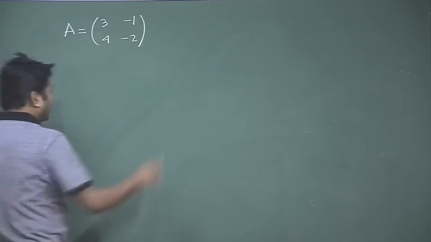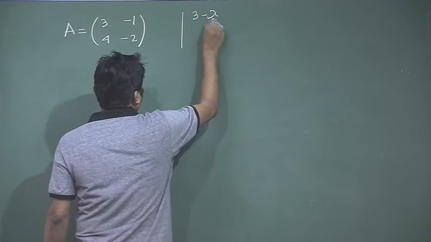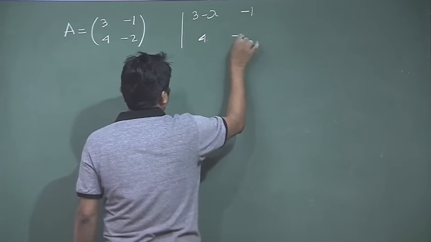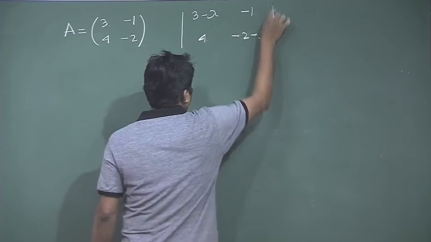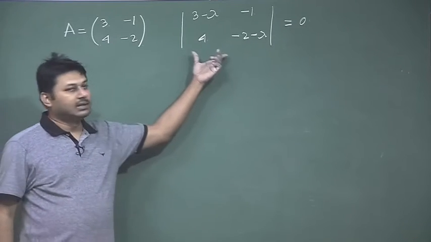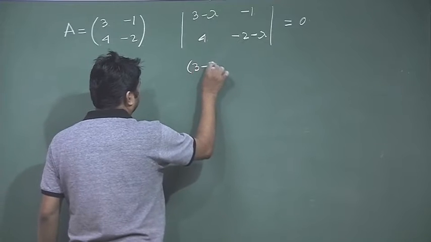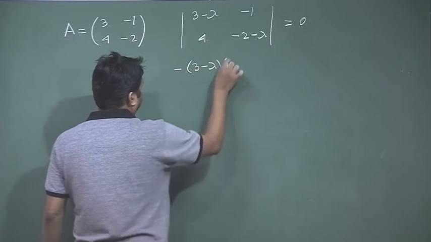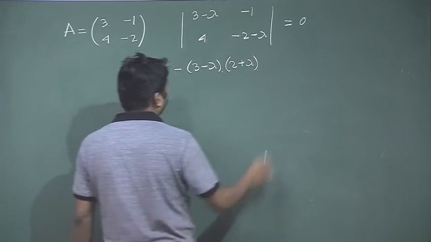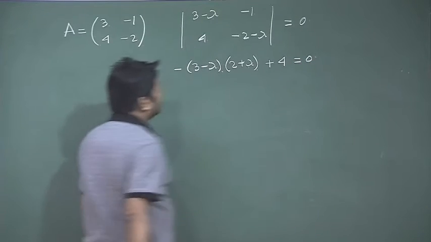My secular equation for this matrix will be the determinant of [3 - lambda, -1; 4, -2 - lambda] equal to 0. So what I will have is (3 - lambda) with a negative sign (2 + lambda) plus 4 is equal to 0.